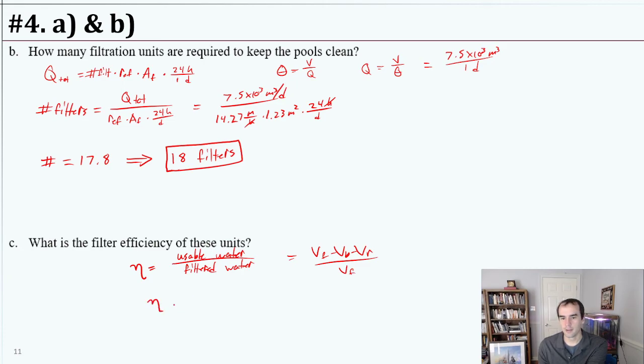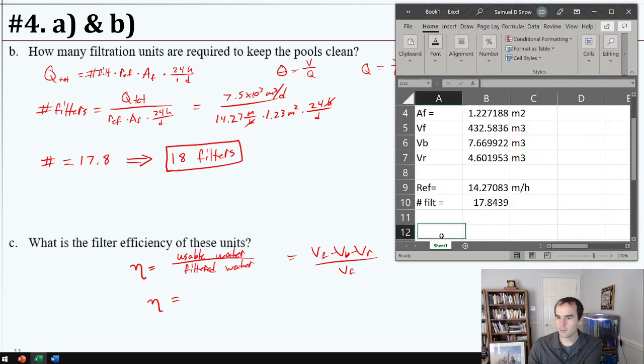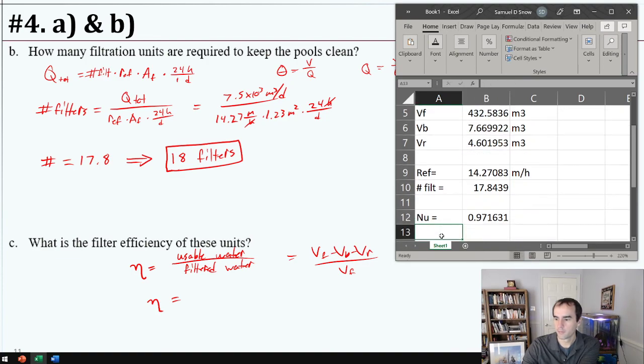And this is a fraction. Of course, we could multiply it by 100 to get a percentage. We'll call that nu, and that is equal to the volume filtered minus the volume backwashed minus the volume rinsed, all divided by the volume filtered.